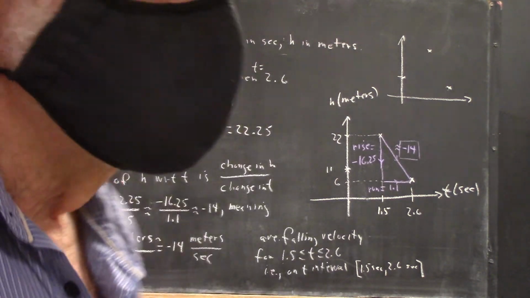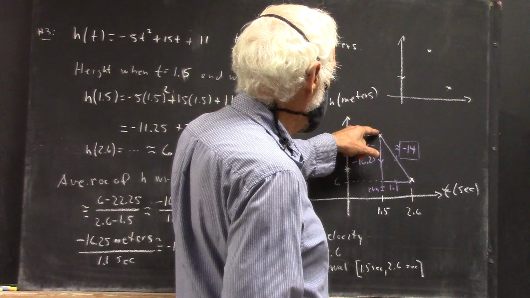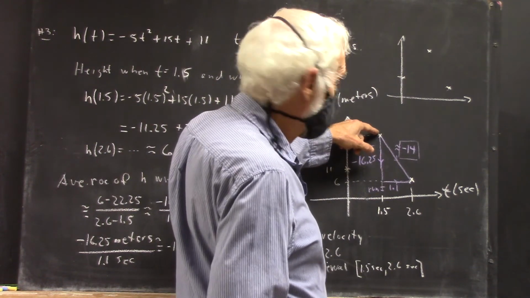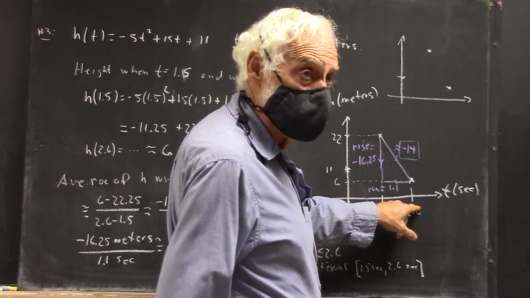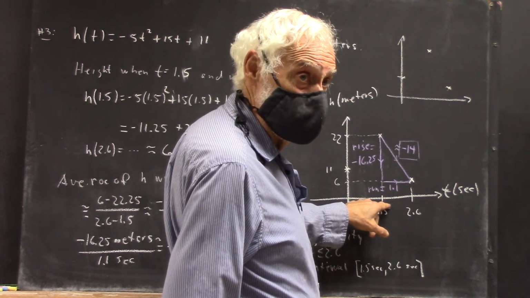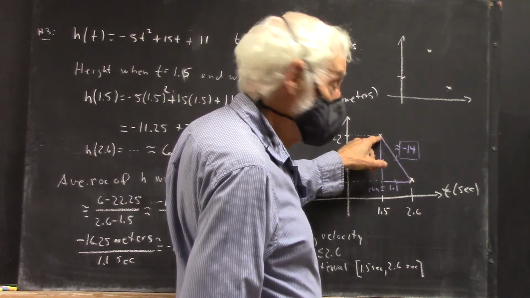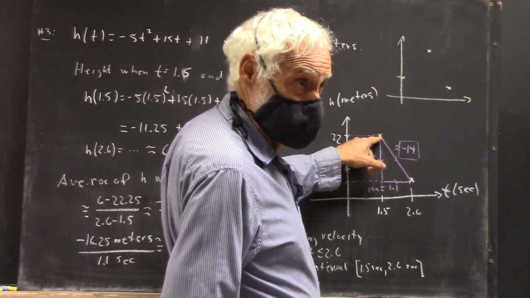Now I'll give you a hint. This x coordinate is closer to this one than this one is to this one, right? So the top of the parabola ain't going to be there. It'd make it lopsided. Okay?